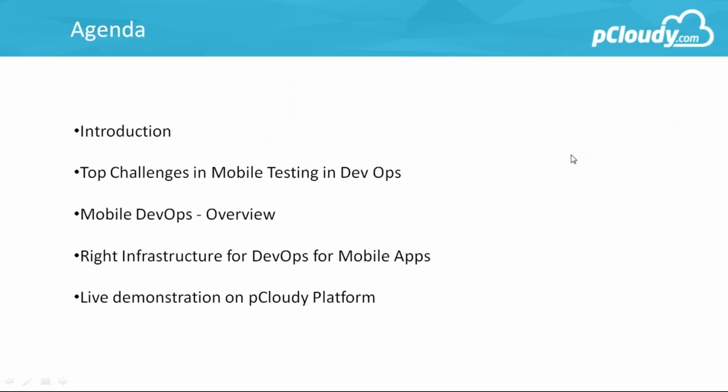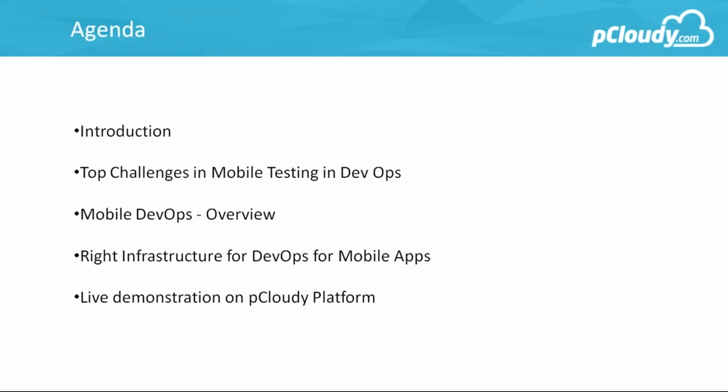The agenda here is we will be starting with the introduction of the pCloudy platform because that's the primary tool which we'll be showcasing here for DevOps. And we will also see some of the key challenges in mobile application testing, followed by DevOps for mobile app development. We will touch upon the infrastructure part, typically in the testing phase, because that's what we are focusing on.